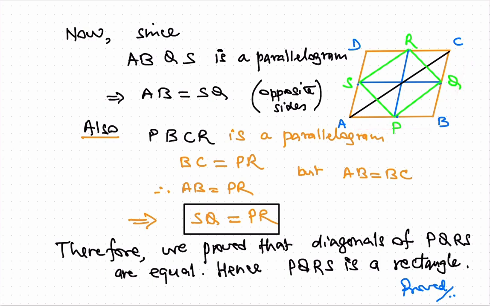Therefore, BC is equal to AB. So we have AB is equal to SQ and AB is equal to PR. Therefore, we get SQ is equal to PR.